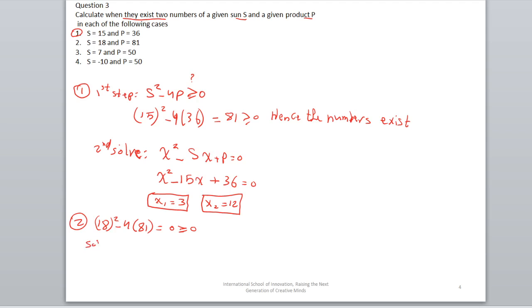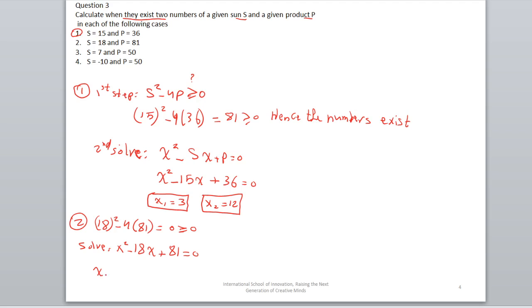Second step, solve the equation. x square minus 18x plus 81 equal to 0. Solve it. The factors of 81 that add to 18: you get 9 and 9.